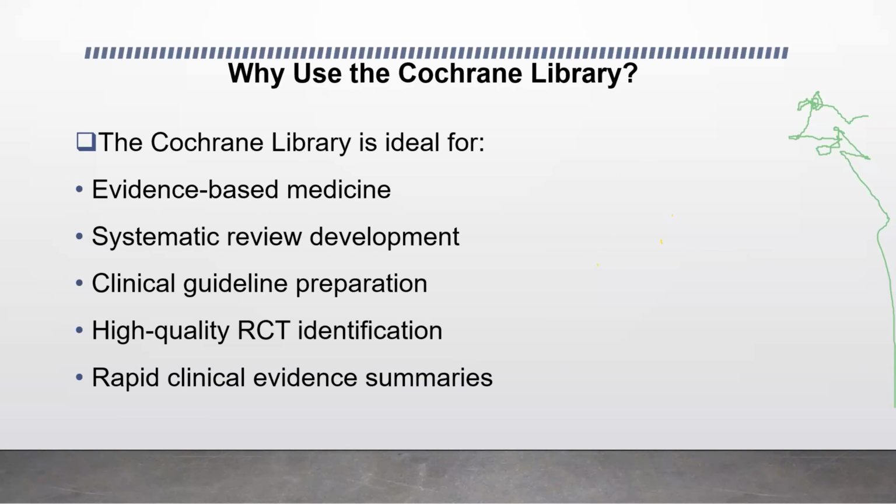So why use the Cochrane library? The Cochrane library is ideal for evidence-based medicine, especially because we have Cochrane Clinical Answers, which can provide evidence for clinicians to make informed decisions at the point of care. It's also ideal for systematic review development.